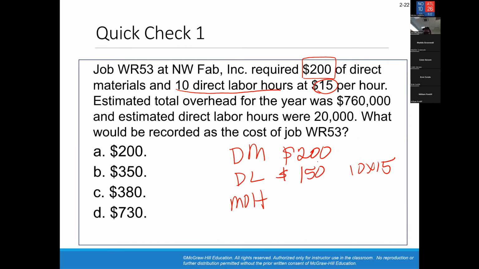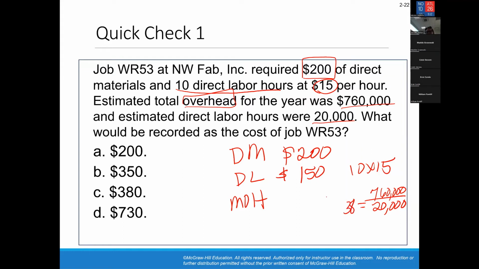So I have 150. Then it says my overhead. So this is my total for the year, the 760 and the 20. And we remember how we have to do that. We take the total costs divided by the estimated allocation base, which is labor hours, to come up with the predetermined overhead rate, which is 38.